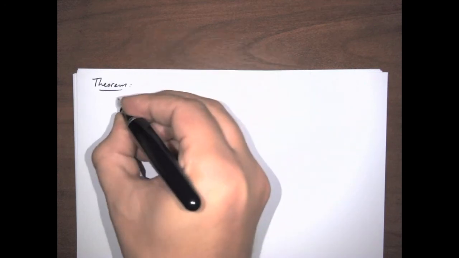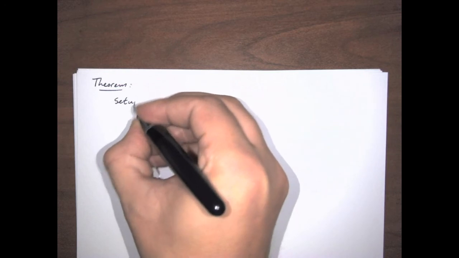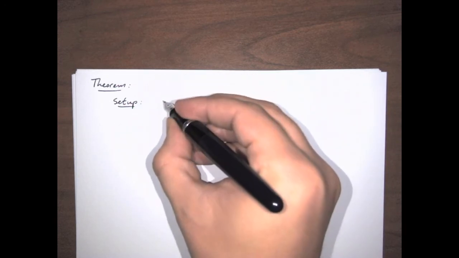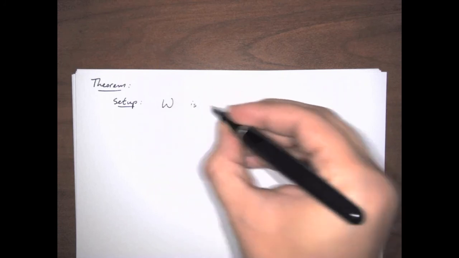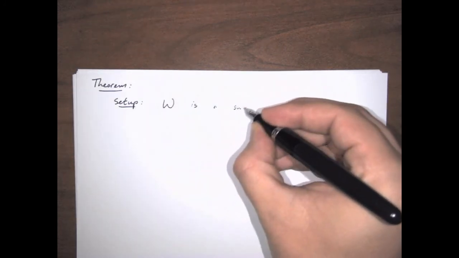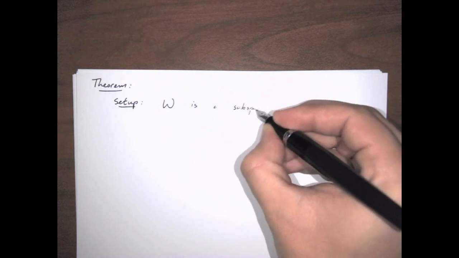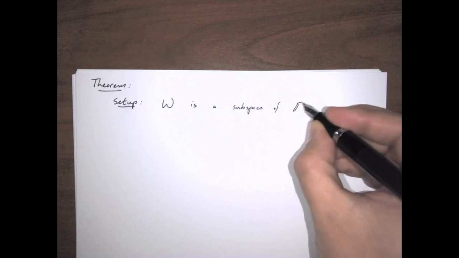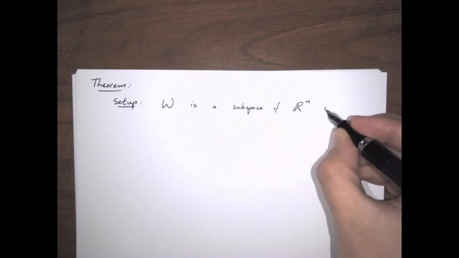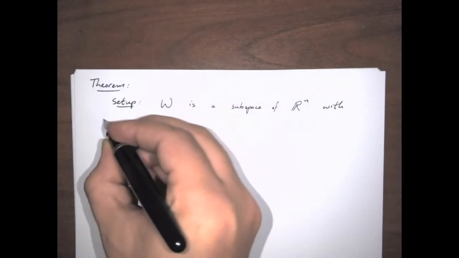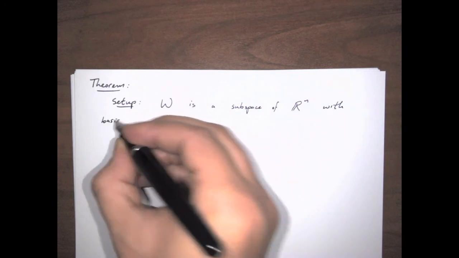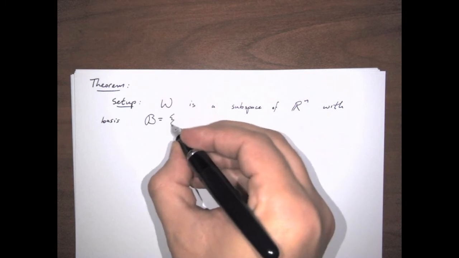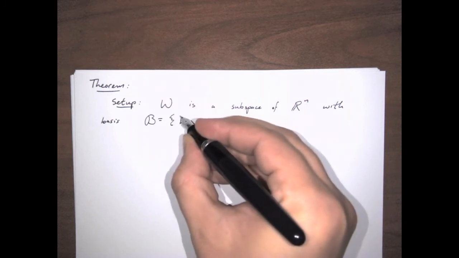So here's a setup. W is a subspace of Rn with basis B, which equals, let's say, b1 through bk.